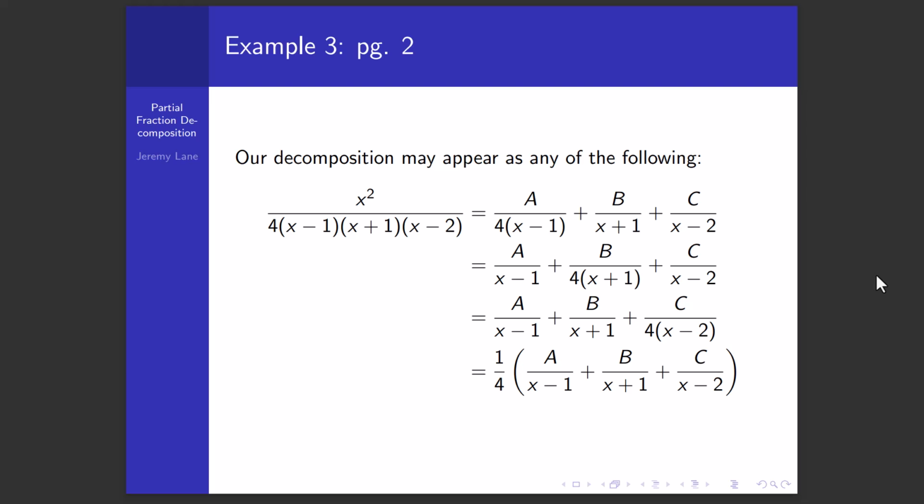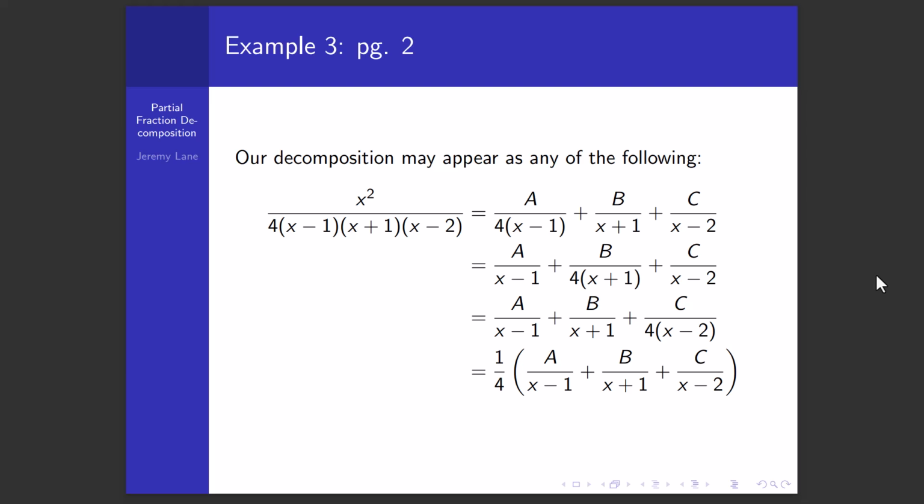And of course, our final one could have the 1/4 factored out from the denominator entirely and have 1/4 times the quantity, a divided by x minus 1, plus b divided by x plus 1, plus c divided by x minus 2. So each one of these templates for the decompositions is valid algebraically.